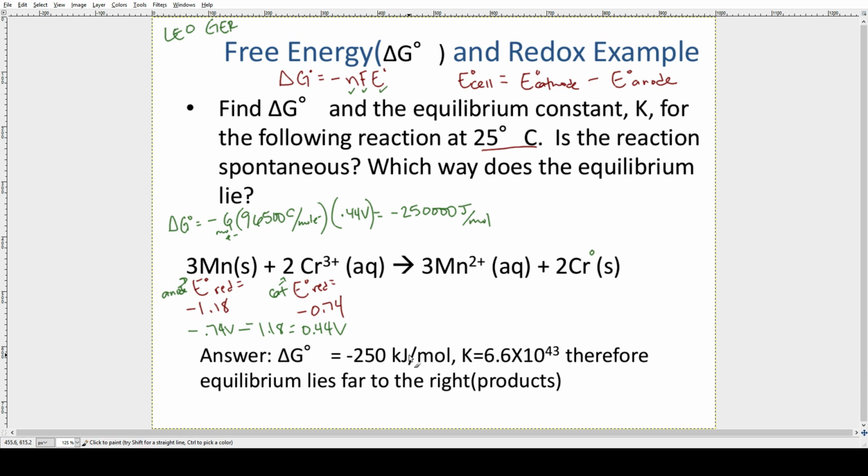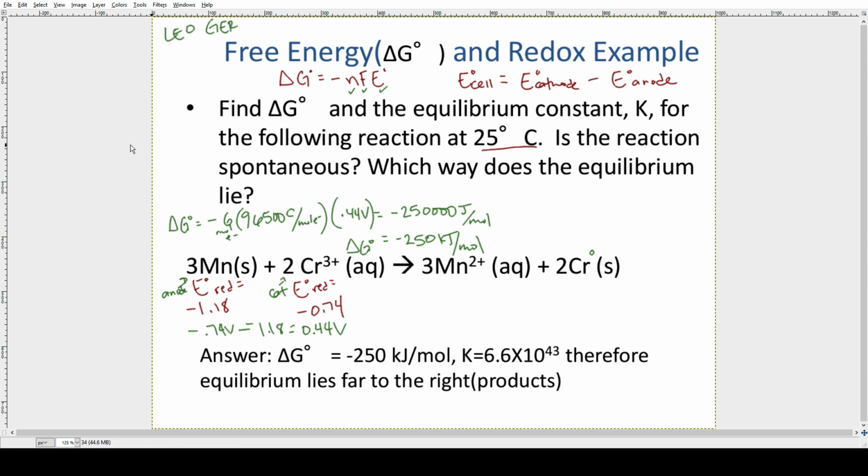But I want kilojoules per mole because that's really, really big. So I'm going to convert it. This comes out as negative 250 kilojoules per mole. Okay, awesome. There's my delta G standard. If you're wondering where that per mole came from, you could think of it as coming out of that E value.